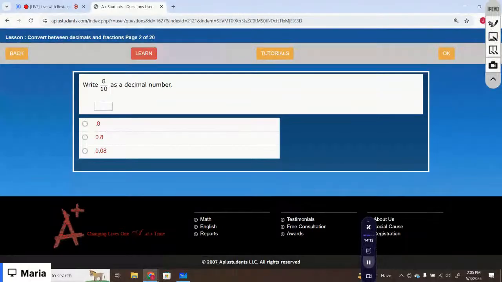That is 8 over 10, and you can write it as 0.8. Option number 2 is the correct option.